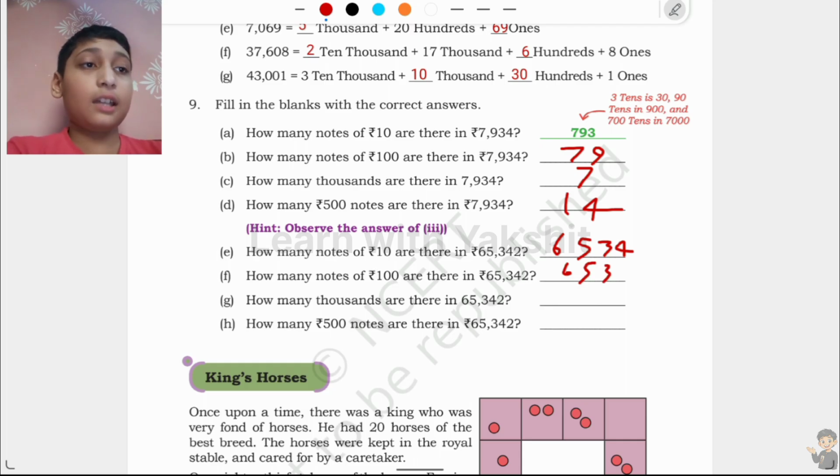653. Now the next one is how many thousands there are in 50. Exact same. Now we can do it like this. We have to cut the last number like from the previous question. Now it is 65, and that's obvious.